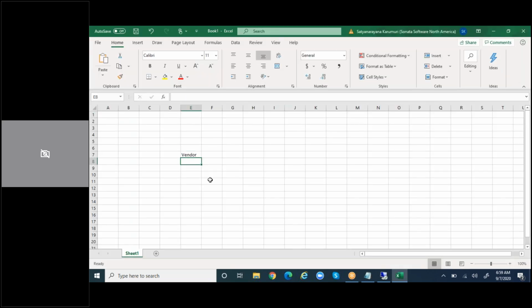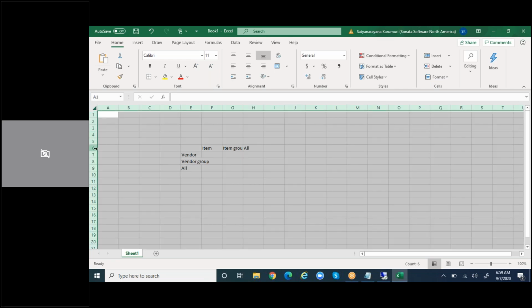Vendor group all, item group all. This is a very tricky and complex process I'm showing.